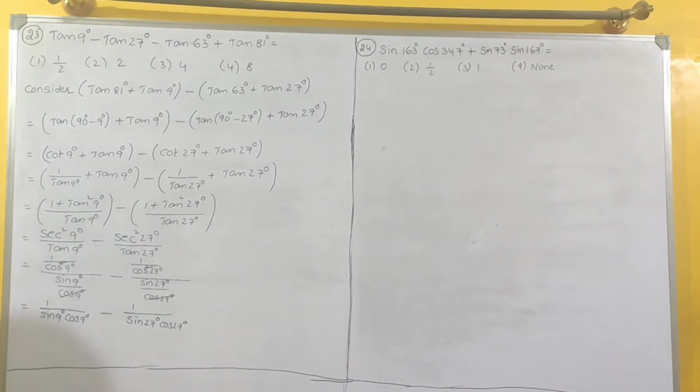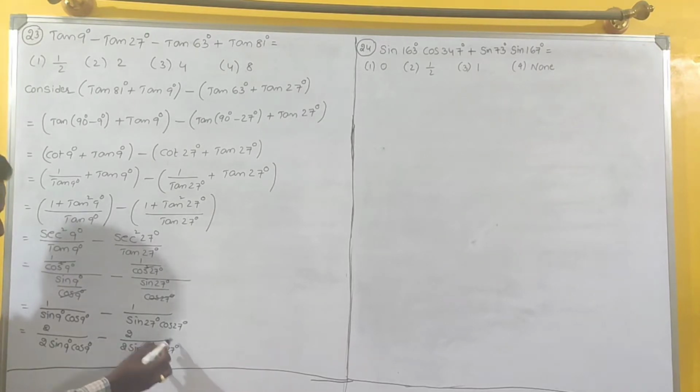Now multiply with 2, divide with 2: 2 by 2 sin 9 degrees cos 9 degrees. Here also multiply with 2, divide with 2: 2 by 2 sin 27 degrees cos 27 degrees.